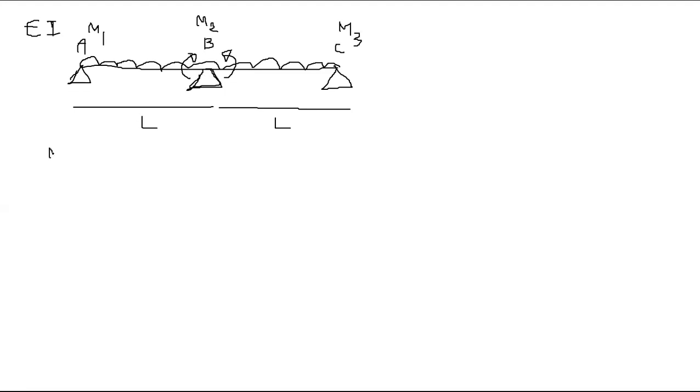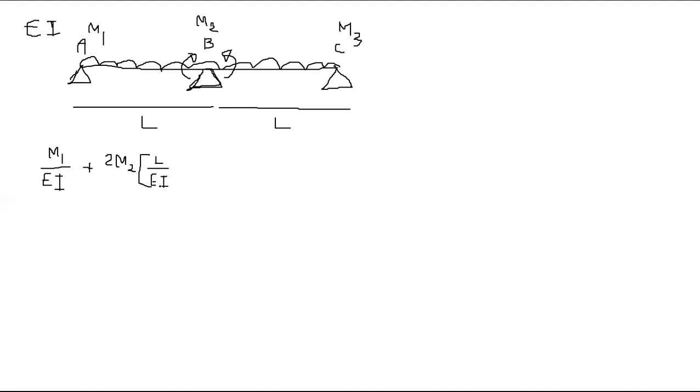So we'll apply the equation. M1 over EI, because that is the same, and 2M2 times L1 over E1 I1.